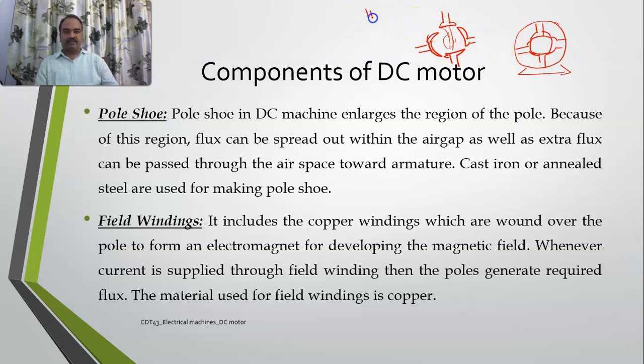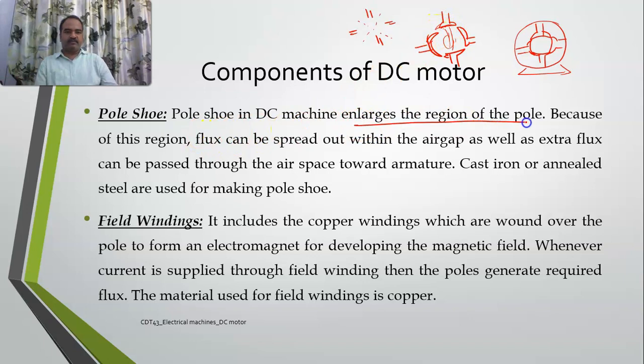Okay, because if you just keep it like this, then with the gaps in these areas there is a possibility that your flux will leak out. So to overcome that, to minimize that air gap and to have a very good spread of your flux over the gap between your stator and rotor, you will be using the pole shoe. It will be just in the form of a shoe. Okay, so this is the pole shoe.